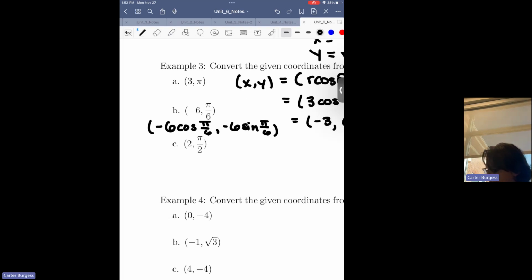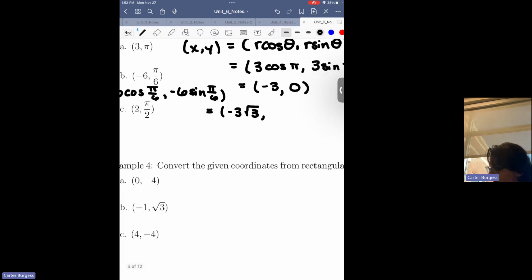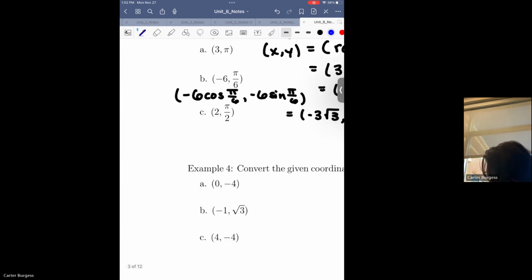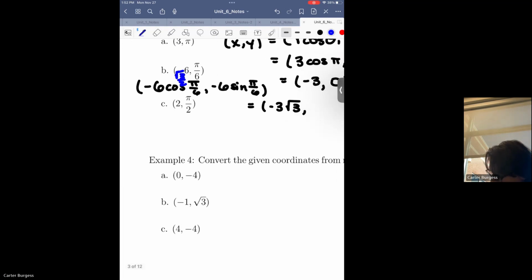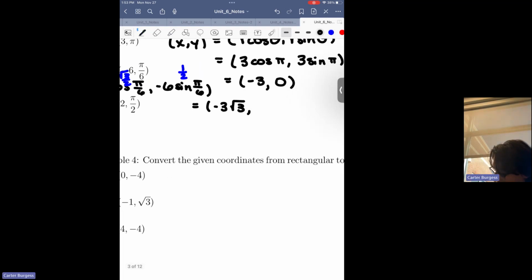What are cosine and sine of pi over 6? Cosine is √3/2, which I'm going to simplify to be -3√3 when multiplied by -6. And then sine of pi over 6 is ½ times -6, I get -3.